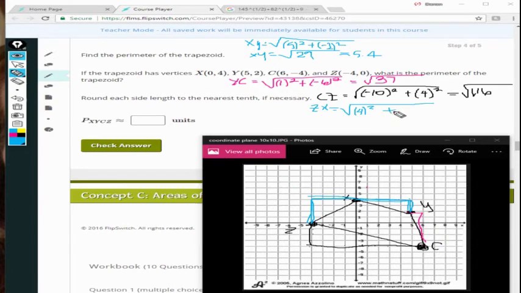Plus my vertical distance is going to be 1, 2, 3, 4. So 4 squared is 16, and 16 plus 16 is 32. So now I'm going to go over to our calculator and simplify all of these. And they want the perimeter, so then I'm going to add them up.